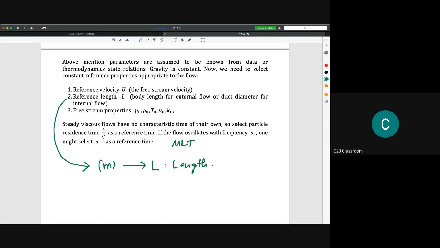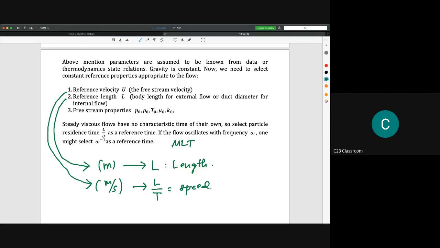And then the U here is the kinematic. Kinematic means you are dealing with meter per second. It needs to show the velocity of that fluid, or in the MLT system it will become L over T. So it represents the speed, actually, the velocity.